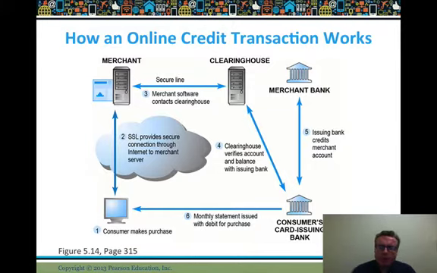And then a backbone of secure line over to the clearinghouse, where the credit card account or the debit card account of the consumer is actually validated, and the balances are checked at the consumer's card issuing bank, so Chase, Visa, Citibank, MasterCard, etc., and then validated. Once validated, the transaction amounts are passed over to the merchant bank. So a lot of steps, a lot of components involved.